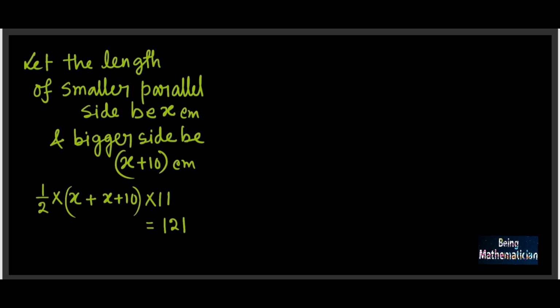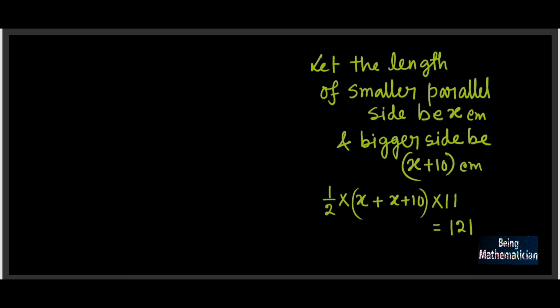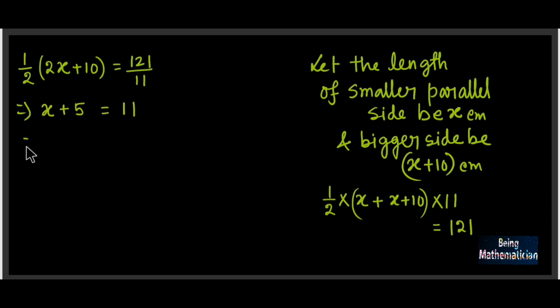Now let's calculate this equation and find the value of x. So (2x plus 10) into 11 by 2 equal to 121, so 2x plus 10 equals 121 by 11... Now it is x plus 5 is equal to 11. Therefore x is equal to 11 minus 5, and it is 6.